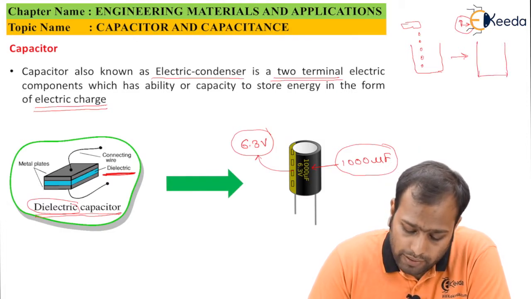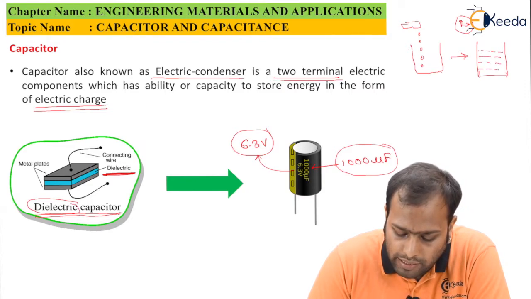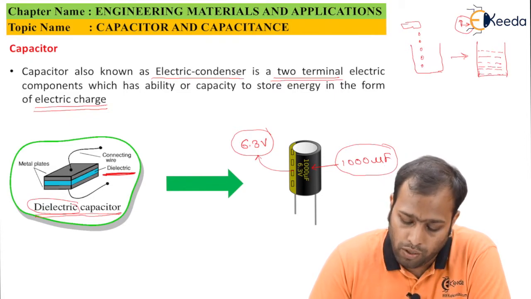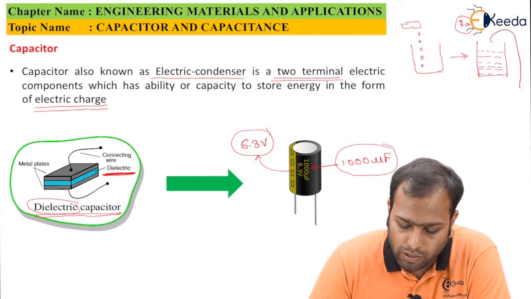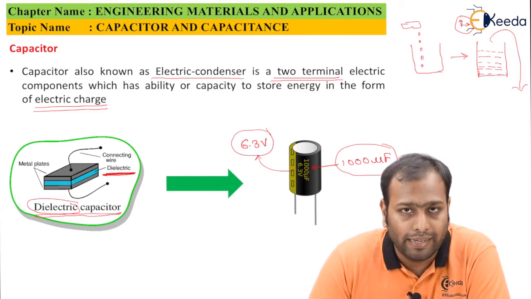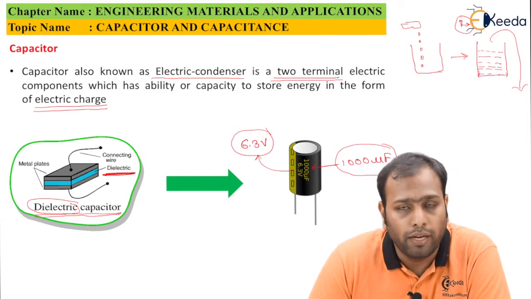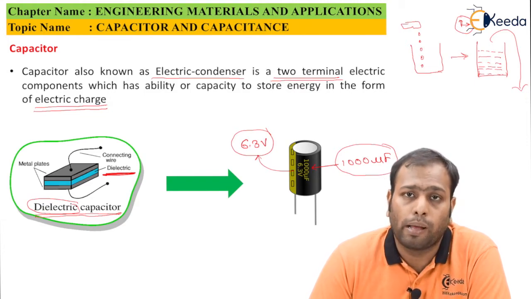Now, after a certain point of time, let's say the water level reaches here, and now this is significant enough for me to make any use of this. So if I want to make use of this, I would directly pour this water out in a short period of time, and then I can use this. So this is how a capacitor works.